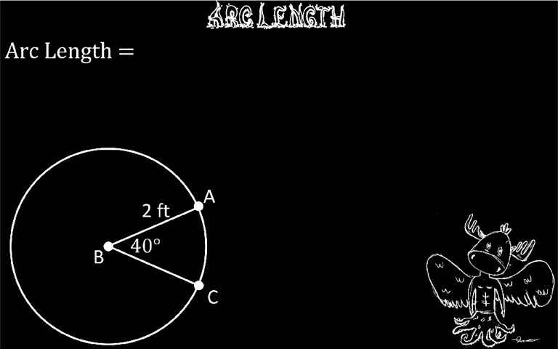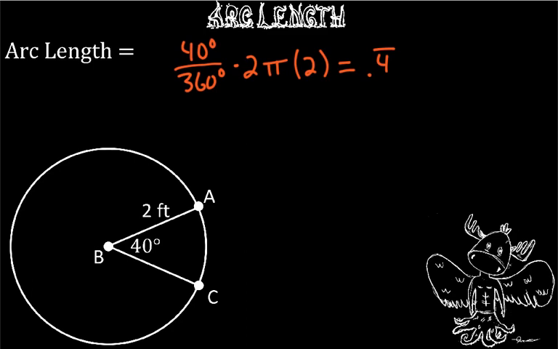All right, so let's look at this example. So we have here, measure of the angle is 40 degrees over 360 degrees times 2 times pi times the radius, which is 2 in this case. For an exact answer here, we have 0.4 repeating times pi feet.